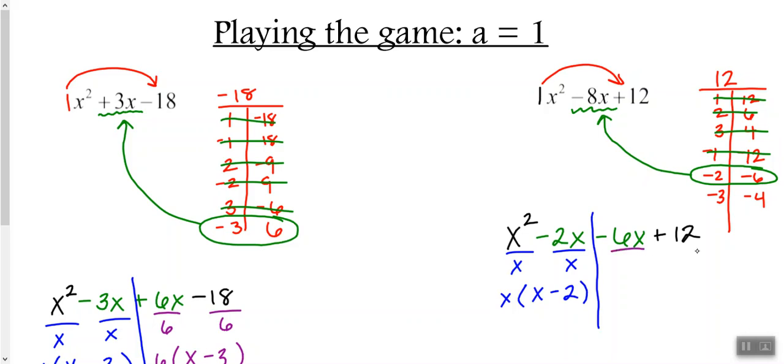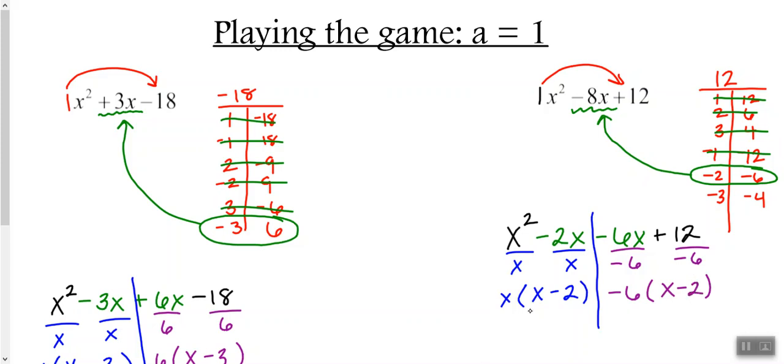GCF of the second set, the second half, remember, whenever I start with a negative, I know my GCF has to be a negative. Now what's the biggest number I can divide these by? I can divide them both by 2, I can divide them by 3, but 6 is going to be your biggest number. So negative 6 goes in front of my parentheses, and I'm left with x minus 2.